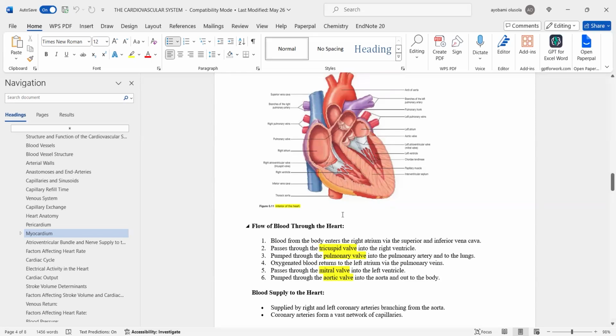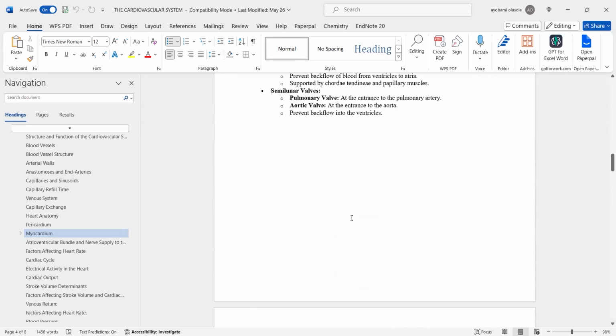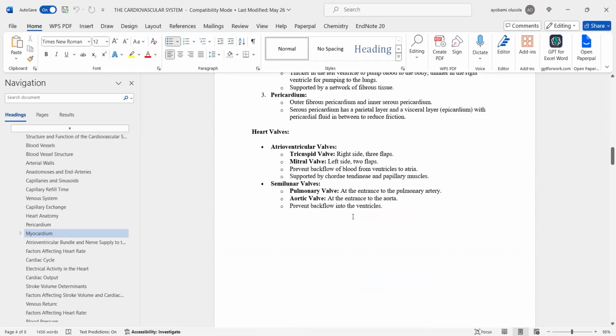Okay, so these are the valves that we have. Please take note of them. The tricuspid valve is between the right atrium and right ventricle. The mitral valve is between the left atrium and the left ventricle. And what they do is that they prevent blood from flowing back into the atrium.